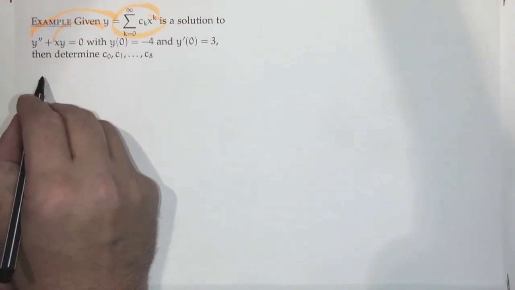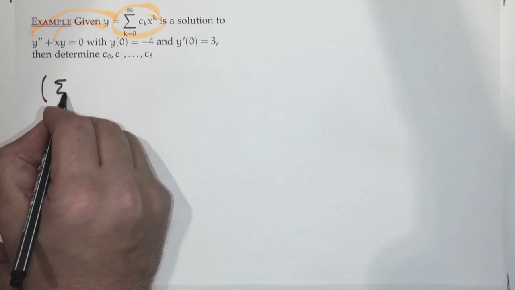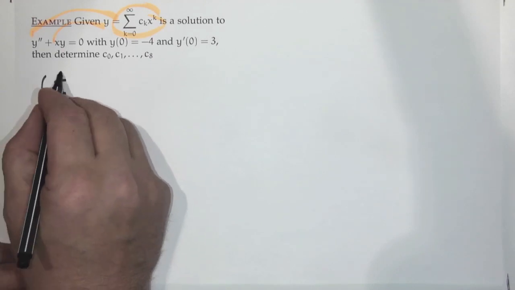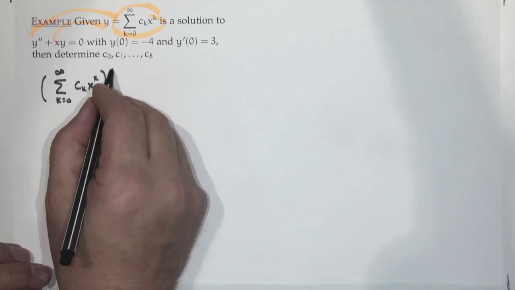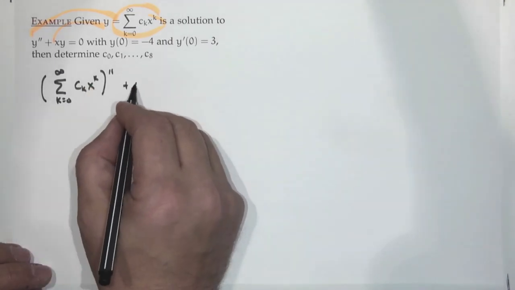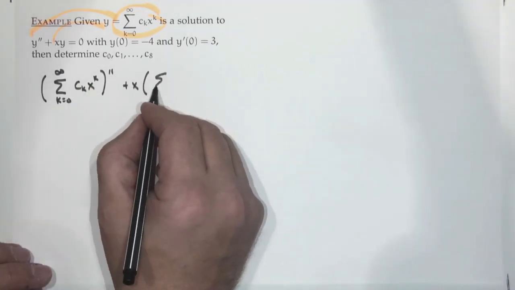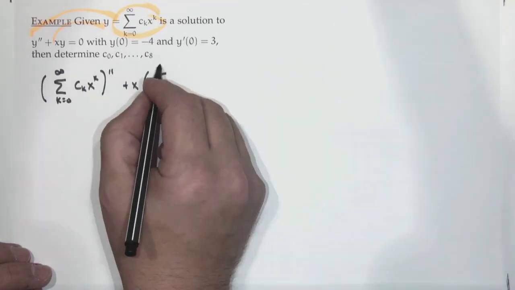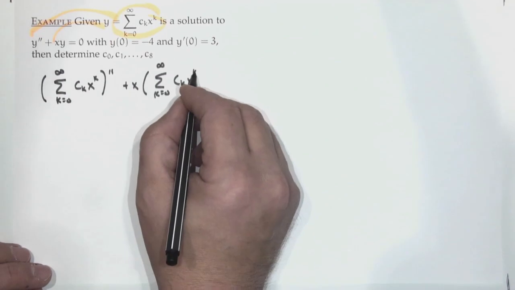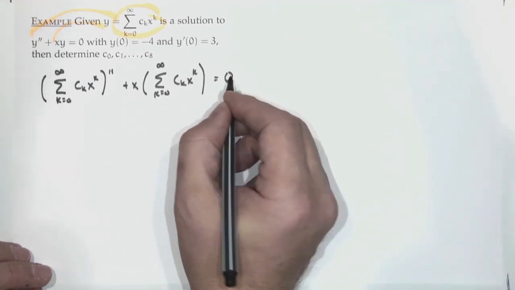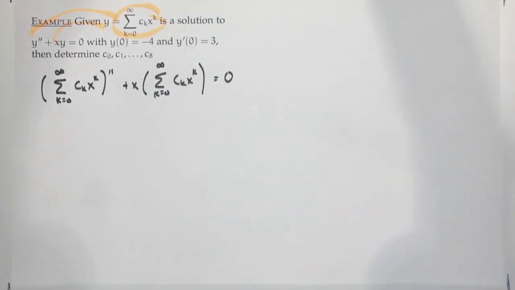So what we're told is this sum, k equals 0 to infinity, ck x to the k, double prime, plus x, sum, k equals 0 to infinity of ck x to the k, is equal to 0. All right, that's what we've been told.